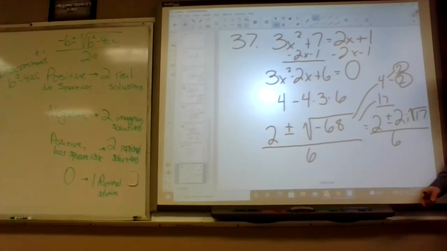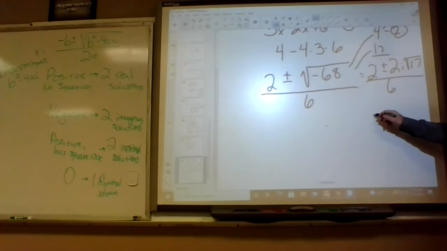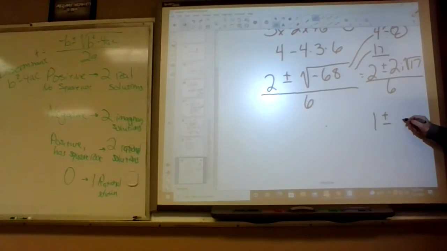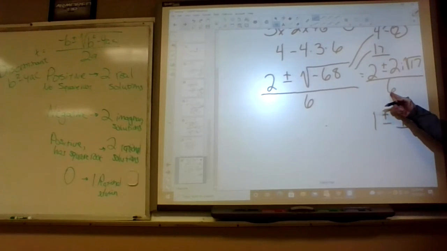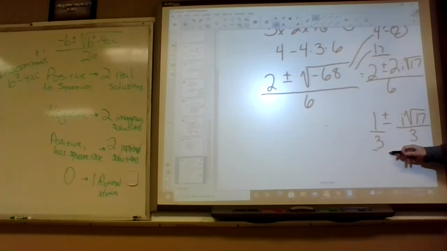Does that simplify anymore? Yes, we can divide them all by 2. So that would be a 1 and a 1, over 6 divided by 2, a 3 and a 3. I went ahead and separated them just for fun, since they're imaginary.